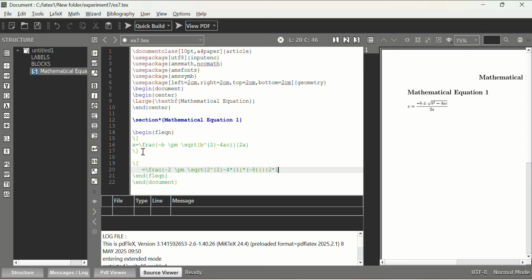Now we are going to give the denominator, 2 into 1. So this is our second equation. Now let's move on to our third equation.